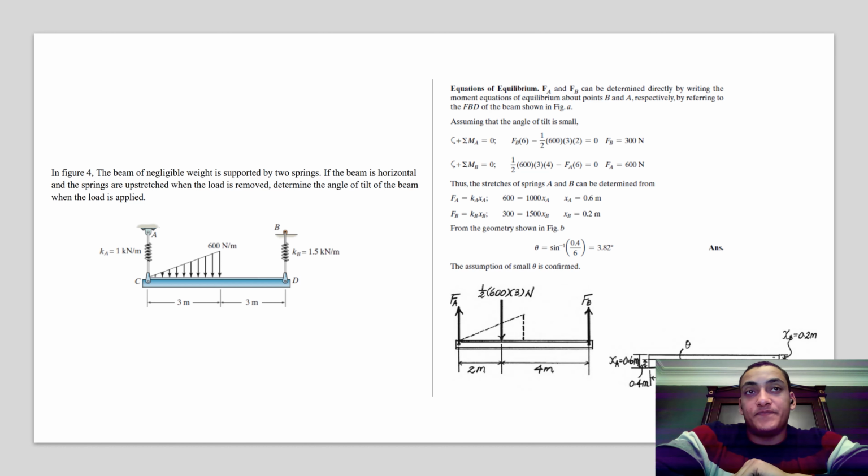From the geometry shown in figure B, theta equals the inverse sine of 0.4 over 6, which equals 3.82 degrees, which is the answer we are required to find.